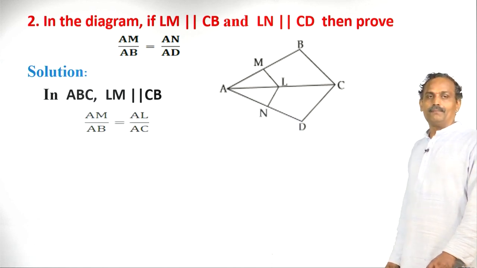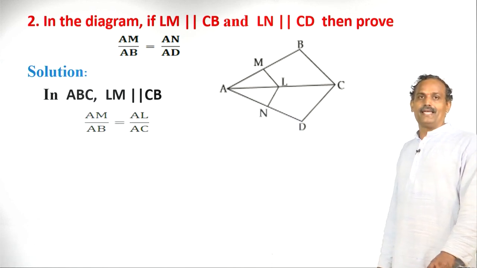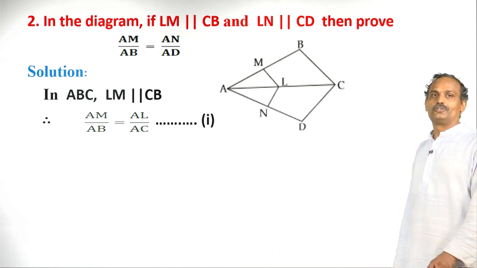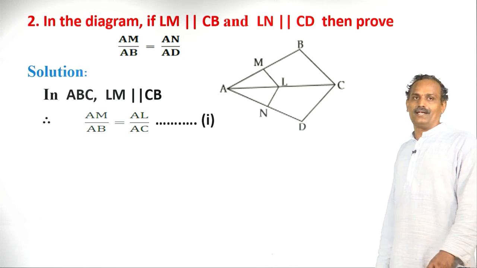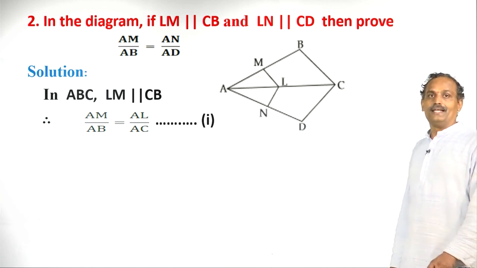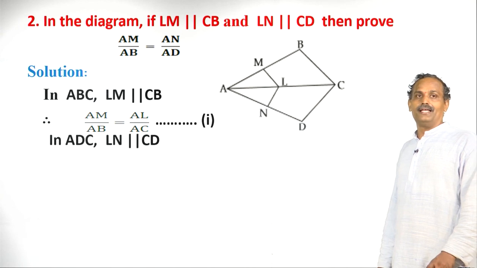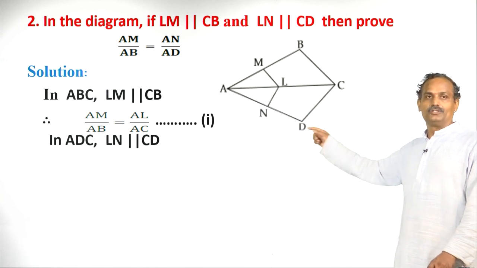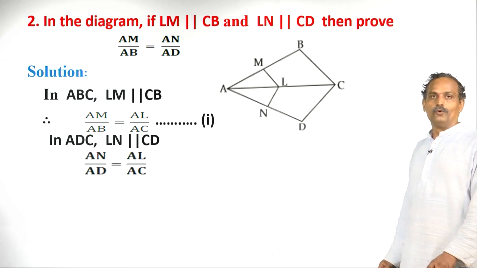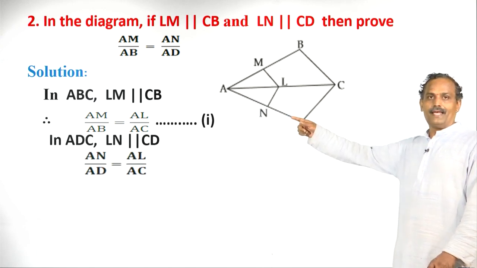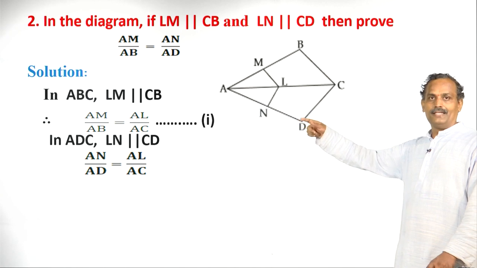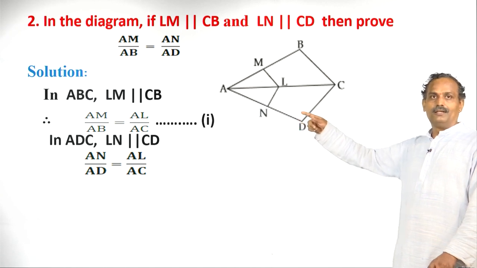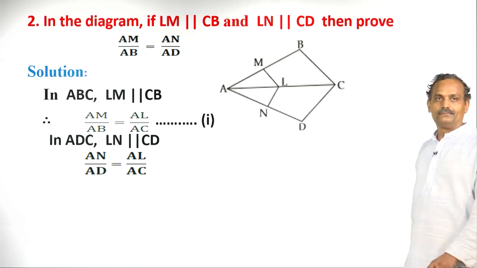Therefore AM by AB is equal to AL by AC. We can see the ratio, it is from Thales theorem. Let us call it equation 1. Now similarly let us consider triangle ADC. Here LN is parallel to CD, therefore we can easily tell AN by AD is equal to AL by AC.